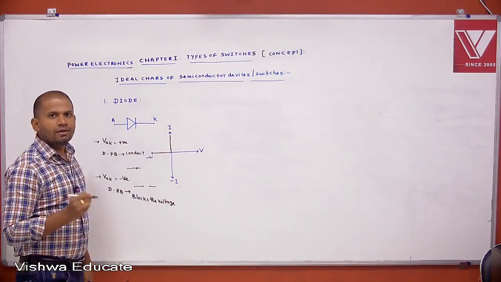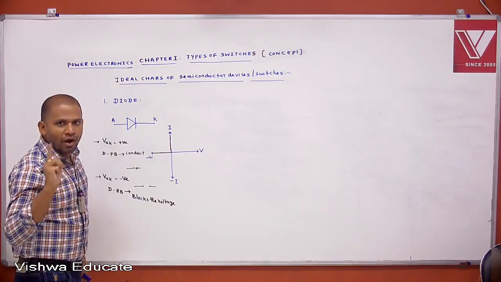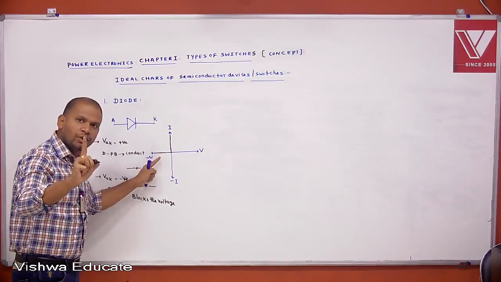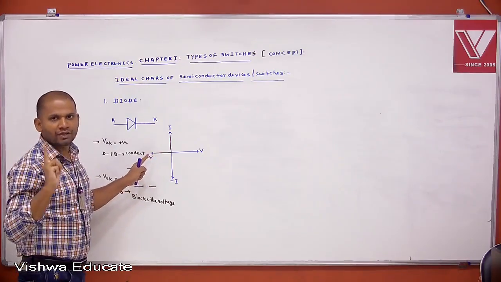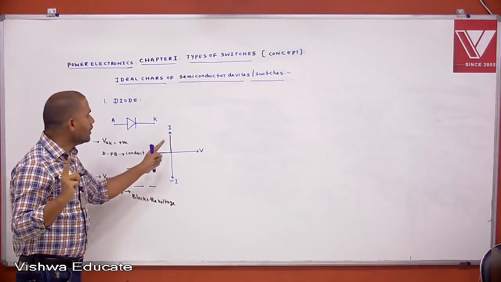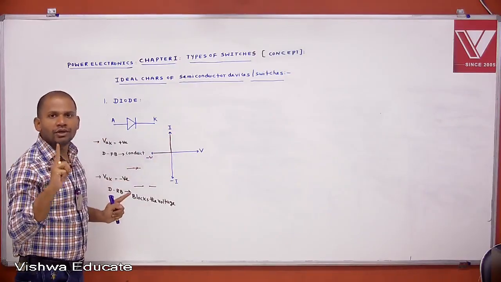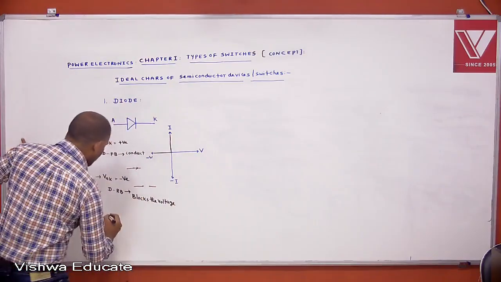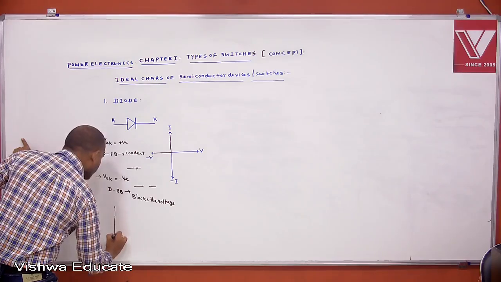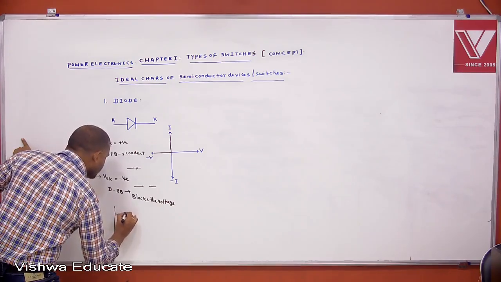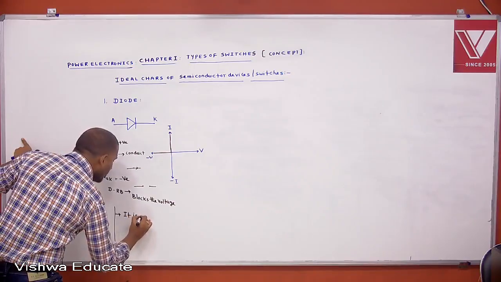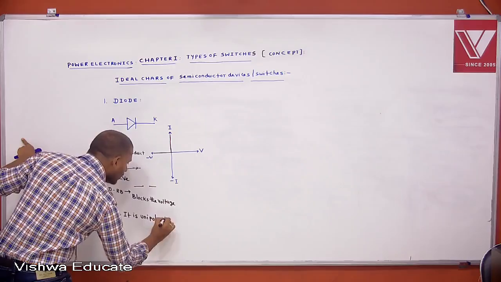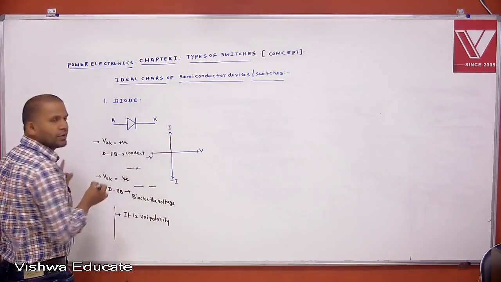That's why a diode is the example of unipolarity. It blocks only one voltage, that is one polarity of supply, the negative voltage only. Unidirectional: it conducts only in one direction. This is an important observation. A diode is unipolar. Unipolarity means only one polarity, that is negative voltage.